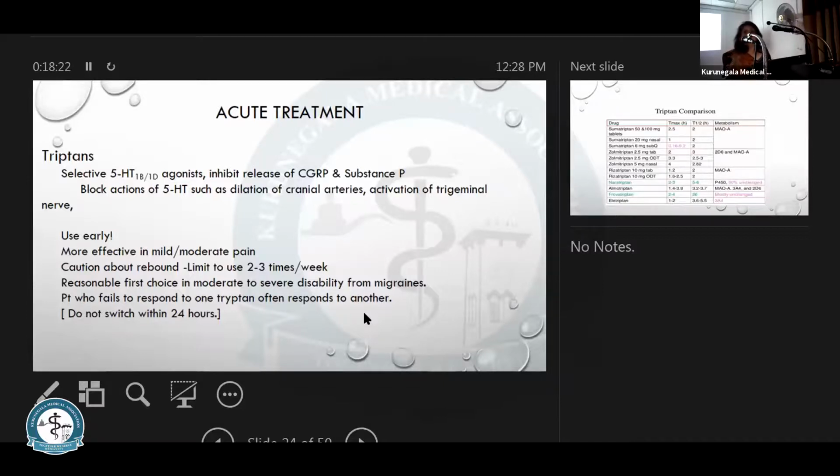Using triptans more than 10 days a month can give rise to medication overuse, so rebound headaches, which we can't easily control because we need to completely change patients' behavior in managing medication overuse headache. So medication overuse headache is one of the complications of using triptans and NSAIDs. Of course, with NSAIDs, if they are used more than 15 days a month, there is a risk of getting medication overuse headache, which is one of the secondary types of headaches.